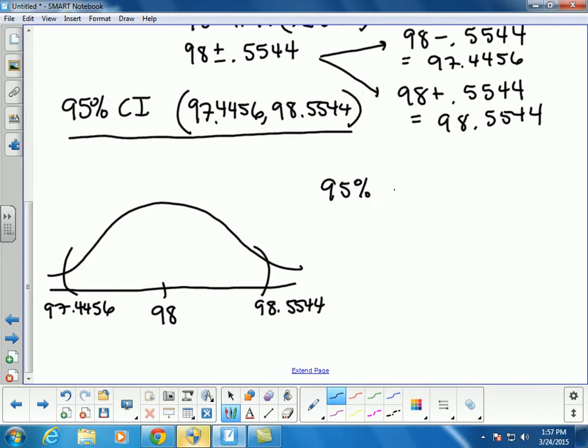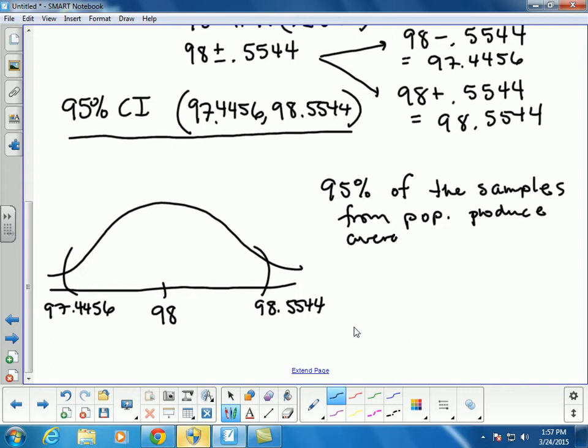And so what that means is we know that 95% of the samples from that population produce averages between 97.4456 and 98.5544. So we know that our mean is bounded between those.